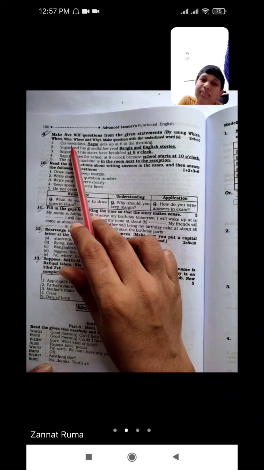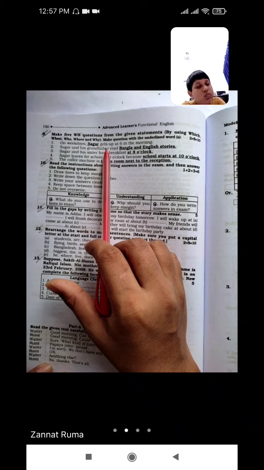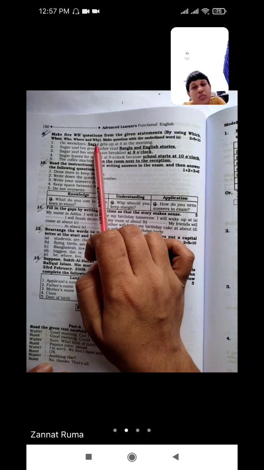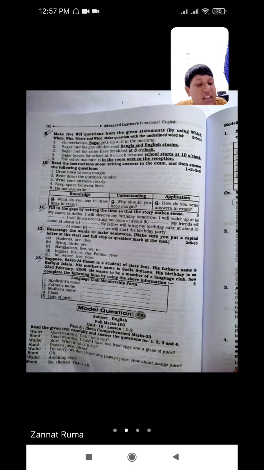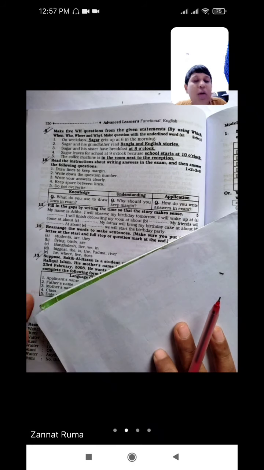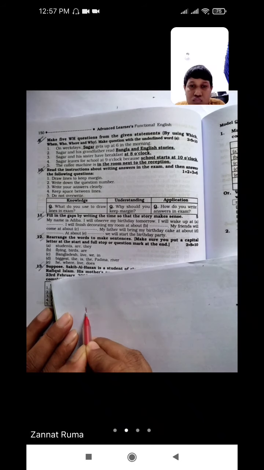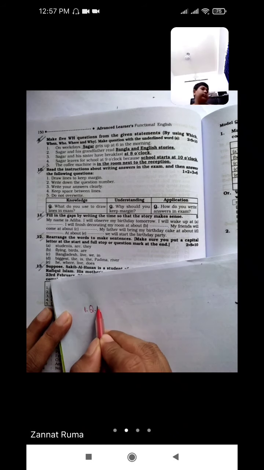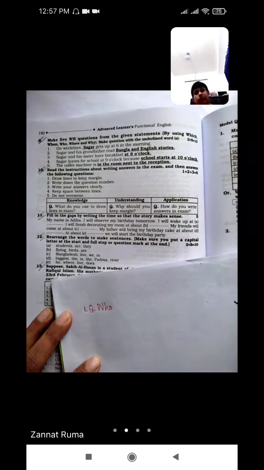Okay, number 1. On weekdays, Sagar gets up at 6 in the morning. Here is the underline under Sagar. Then what will be the question? Can you tell me? What will be the question? We'll write here like this. Number 1, question. At first we are going to write who. Who gets up at 6 in the morning?